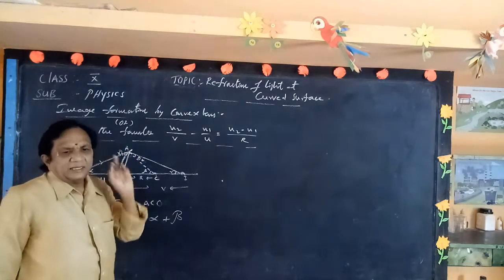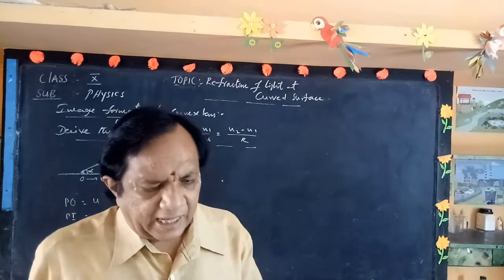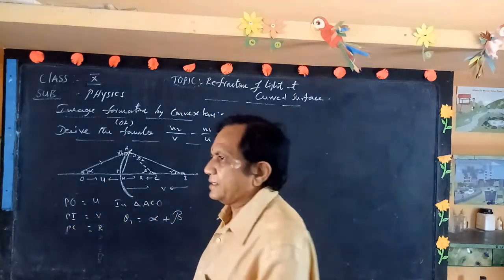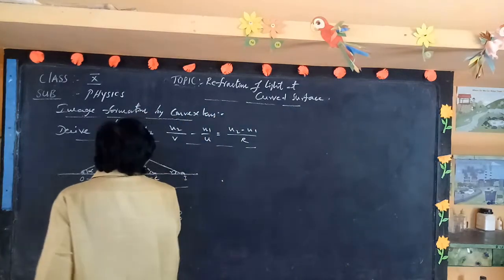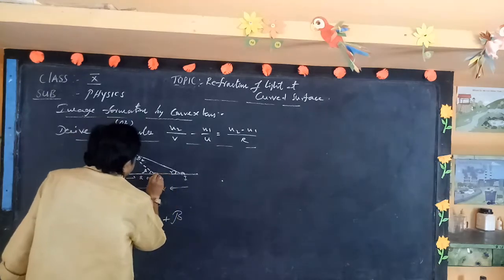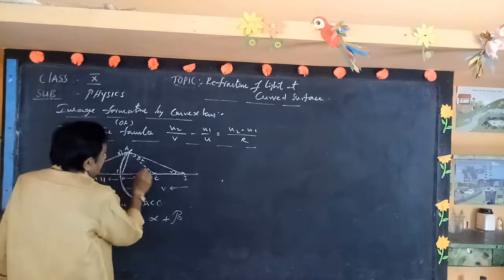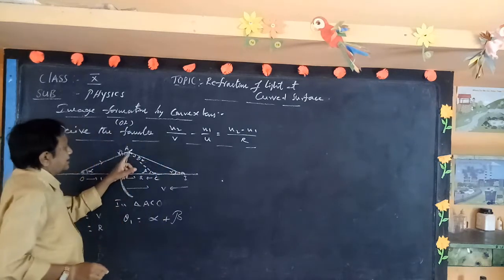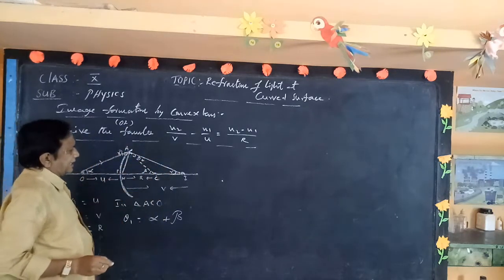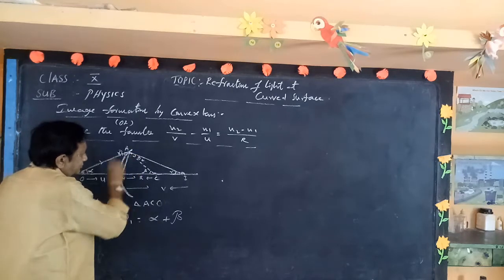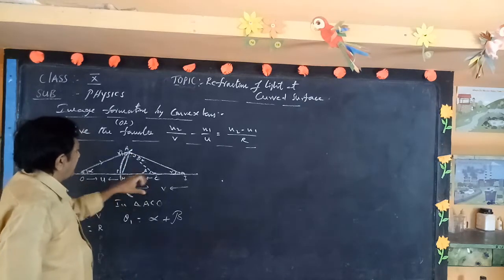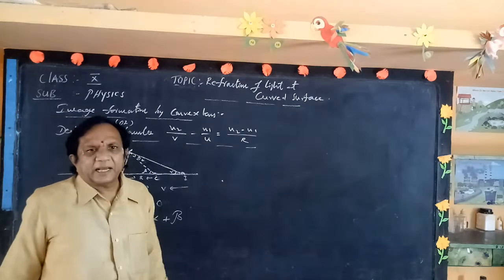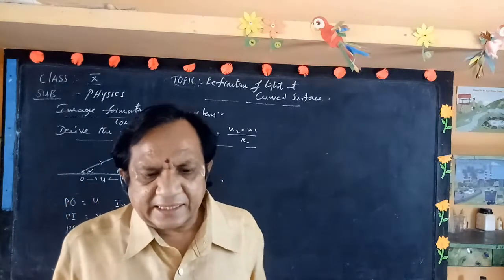Similarly, we consider another triangle, ACI. Understand? This is another triangle, ACI. In this triangle, beta is an external angle.